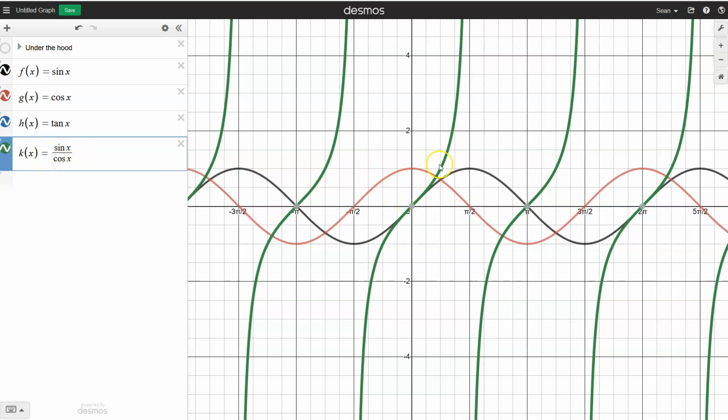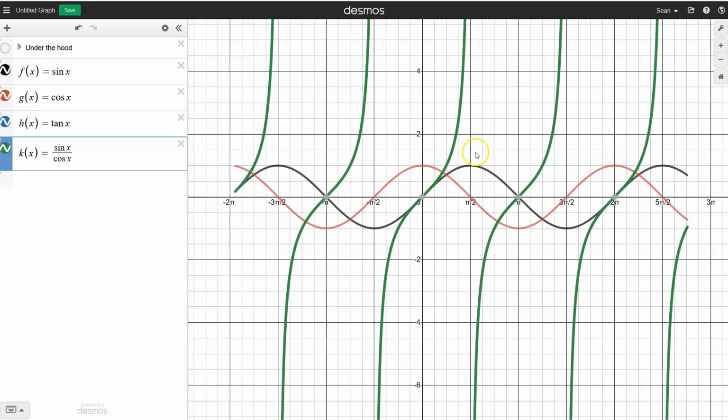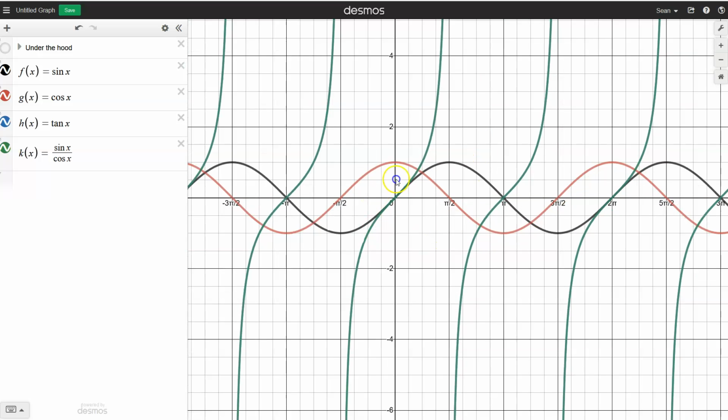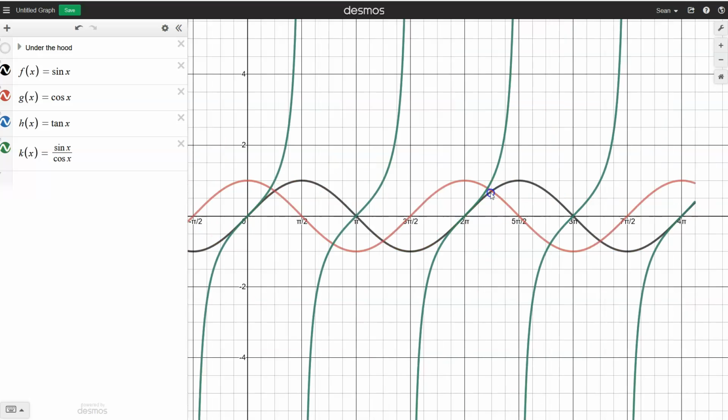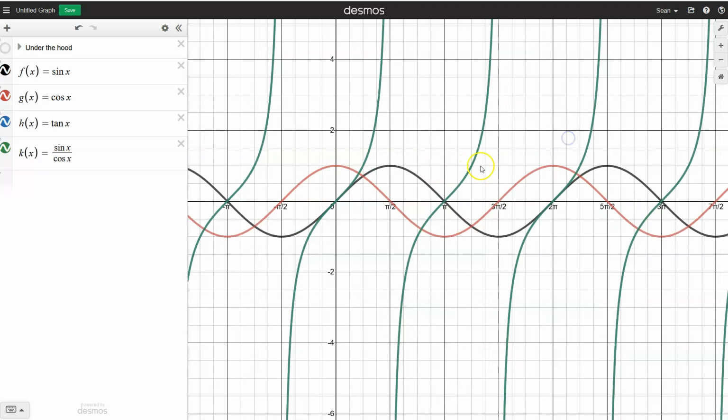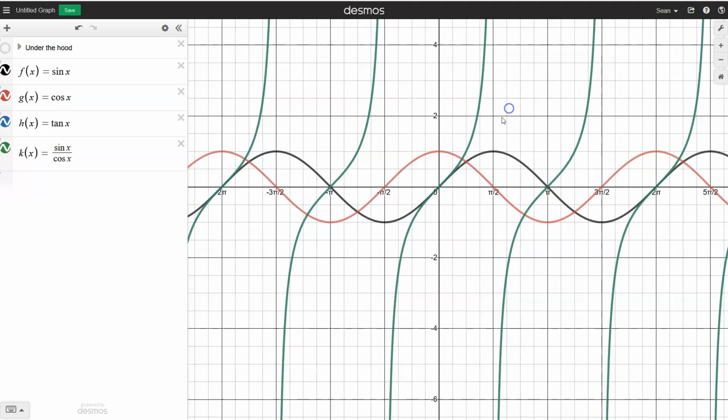And then when we scoot towards values where cosine, the red function, is 0, we're going to have a vertical asymptote, where it shoots off to infinity. And since this keeps happening as we go around and around, every odd multiple of pi over 2, we see those vertical asymptotes, so it has a period of pi. So that's the connection between tangent, sine, and cosine.